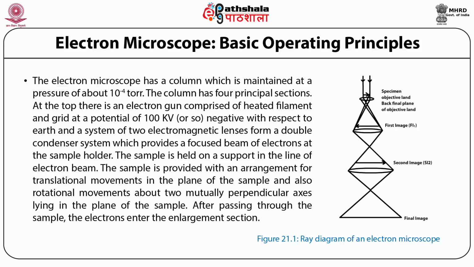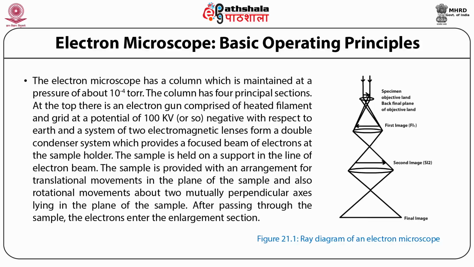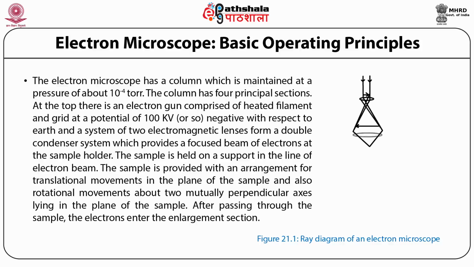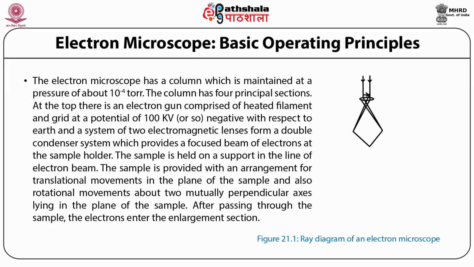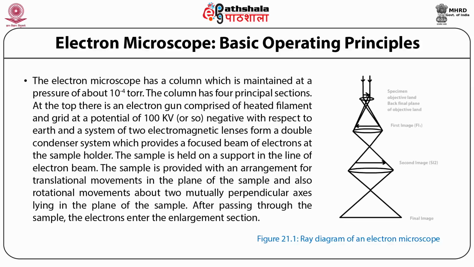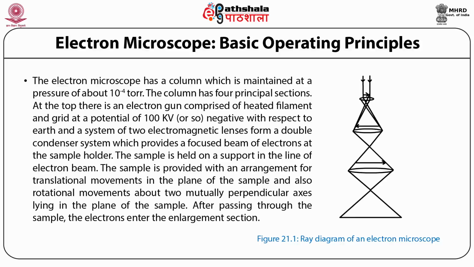At the top, there is an electron gun comprised of a heated element and grid at a potential of 100 kV or so, negative with respect to Earth, and a system of two electromagnetic lenses form a double condenser system which provides a focused beam of electrons at the sample holder.